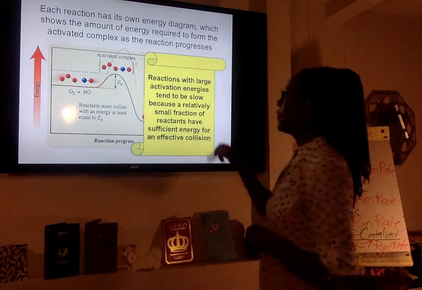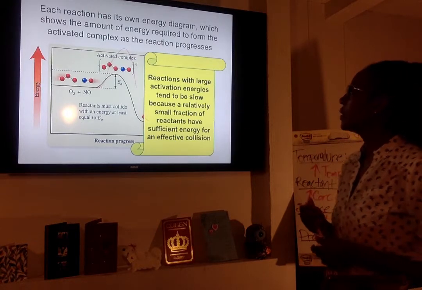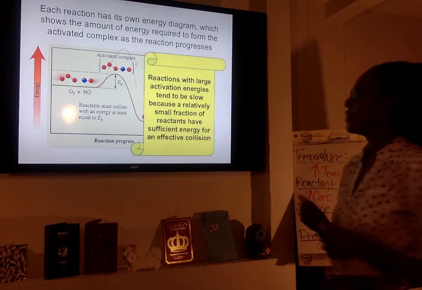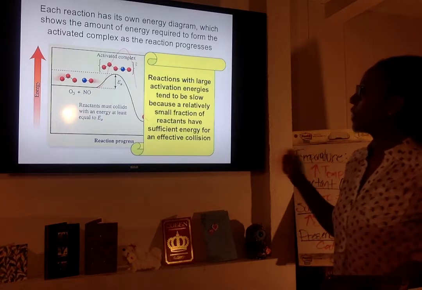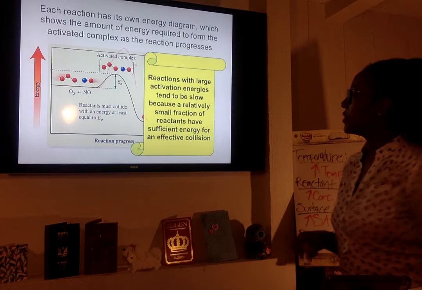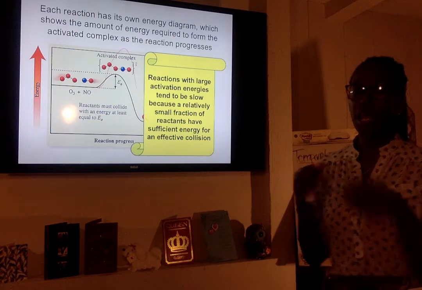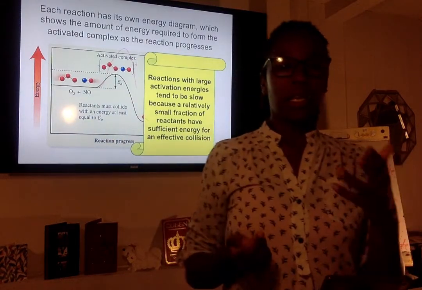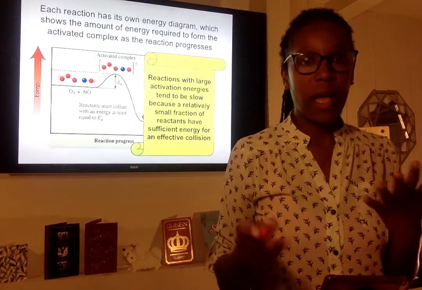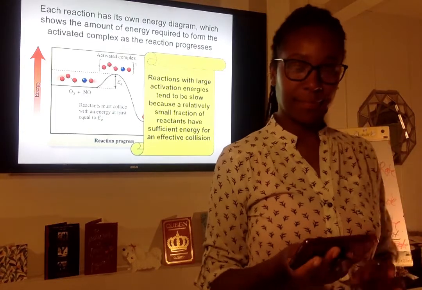So if you have a larger activation energy, you're going to have a slower reaction rate, because a small fraction of reactants have sufficient energy for effective collision. So there's not a lot of the reactants over here that have enough energy by themselves. So it's going to take a long time, okay? Hopefully this is all making sense.